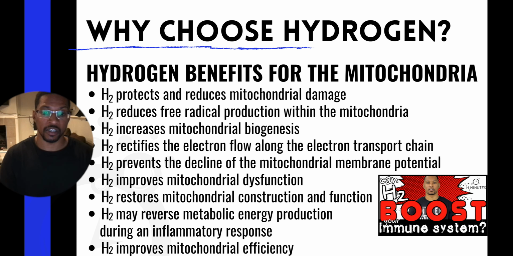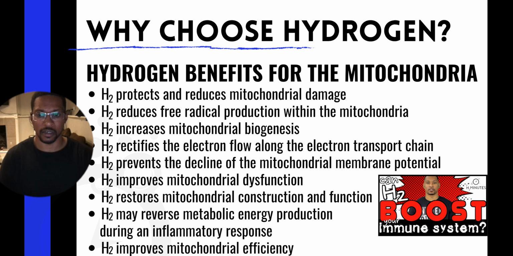But anyway, we cover many different benefits. These are the benefits that you'll see in this video. I'll just name a few of them. A couple that are really important: hydrogen improving or increasing mitochondrial biogenesis, which is telling the cell to produce more mitochondria.